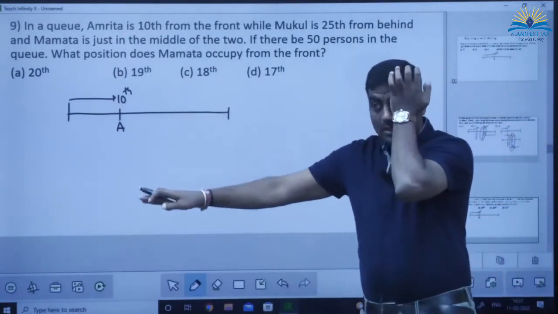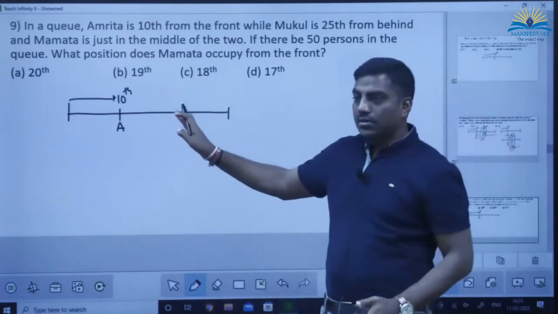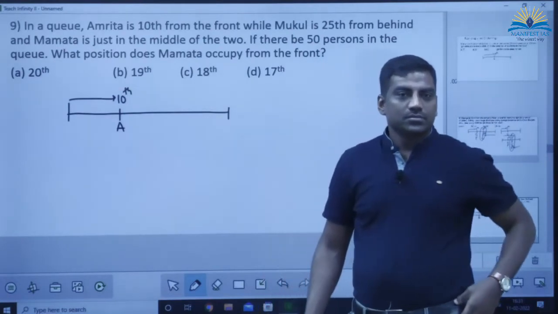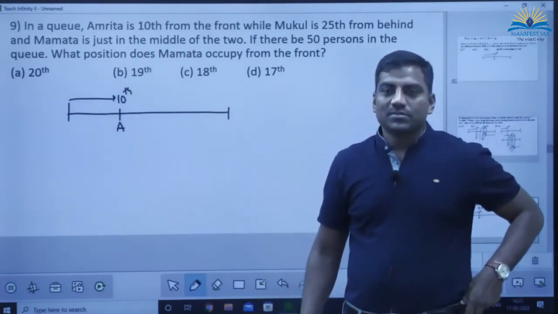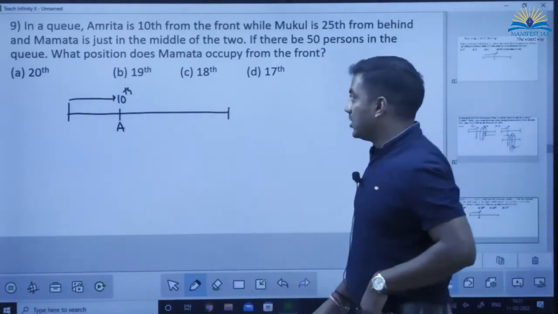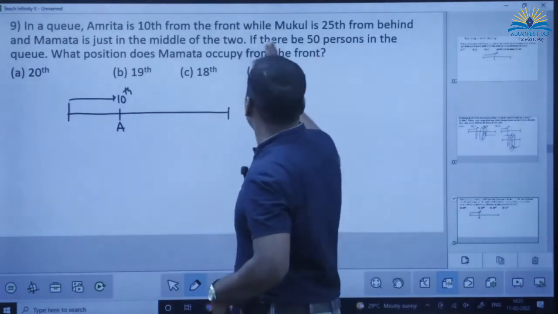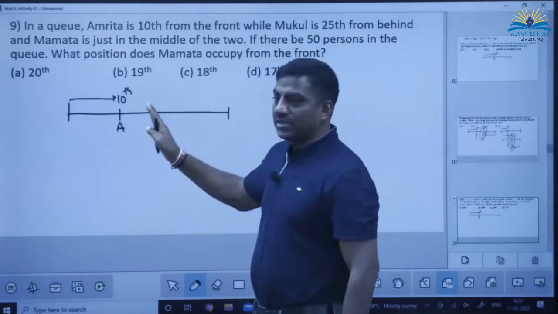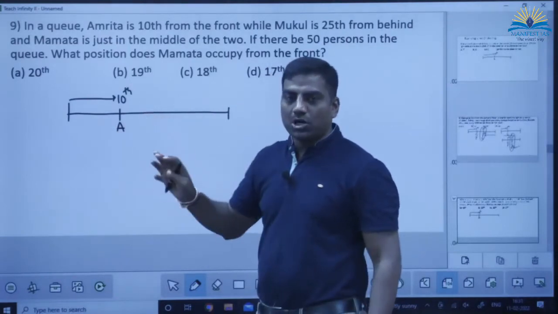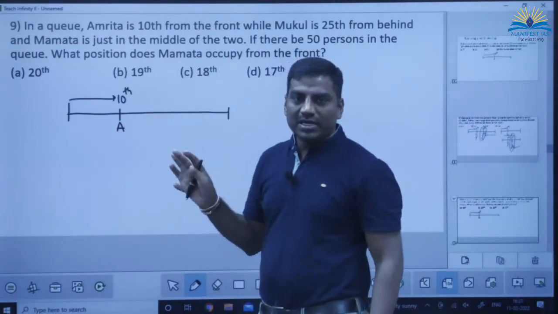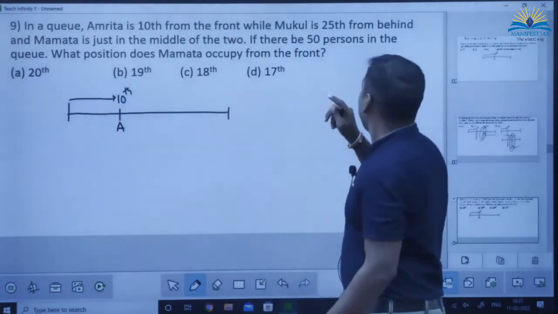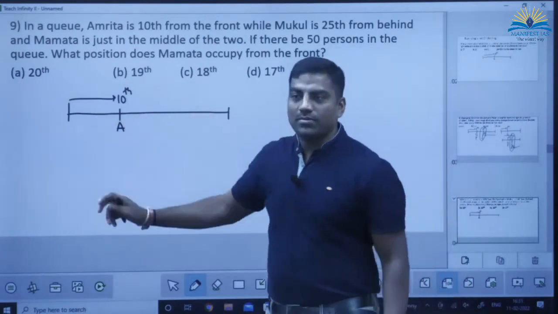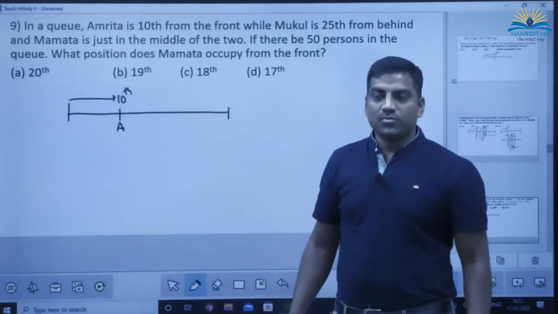Here or here? Mukul's position is 25th from behind. This is from front. This is from behind. This time they have not given right, left, top, bottom. They have given front and back, or front and behind. Where is Mukul? Here or here? Why?